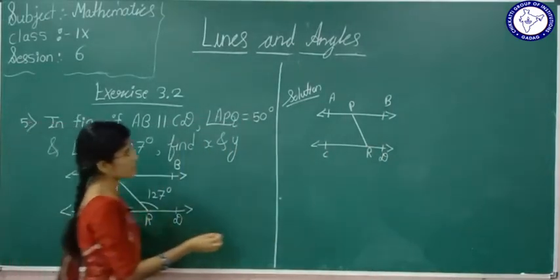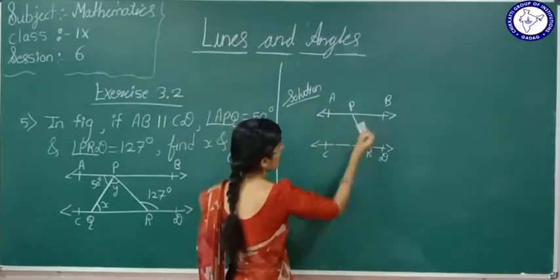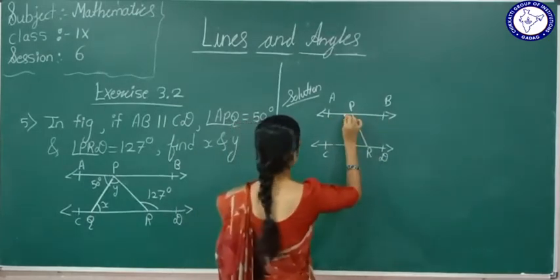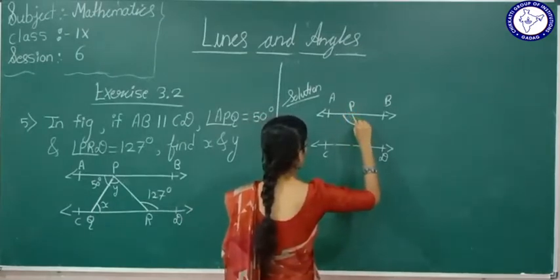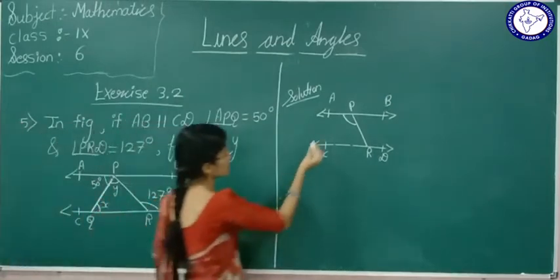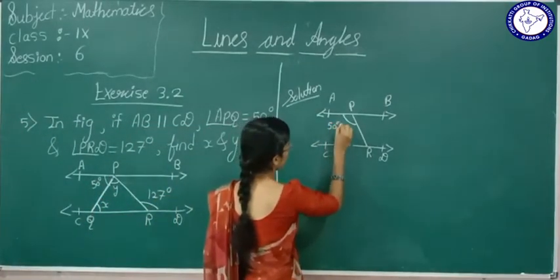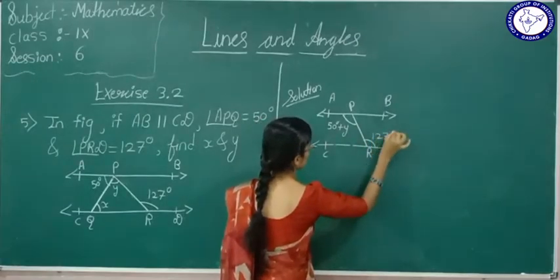PR is acting as a transversal for the lines AB and CD. Here the full angle APR will be 50 degrees plus y, and this they have given 127 degrees.